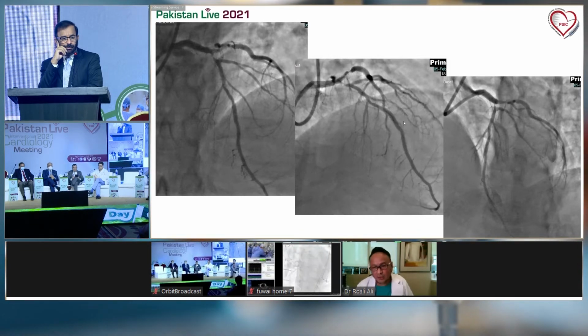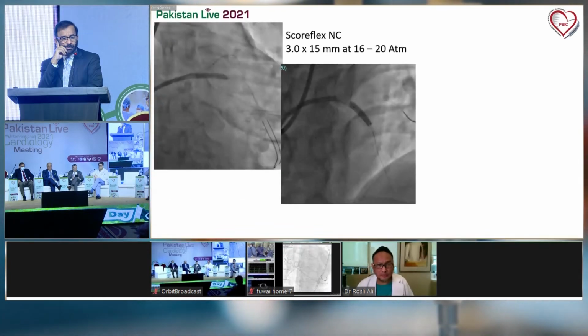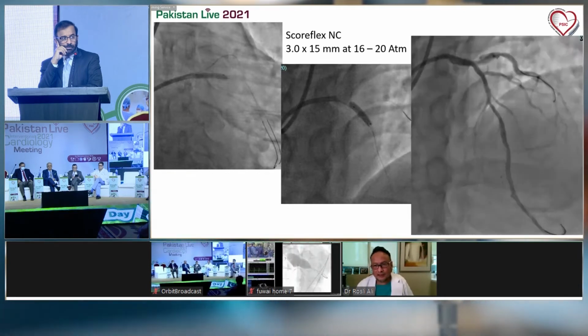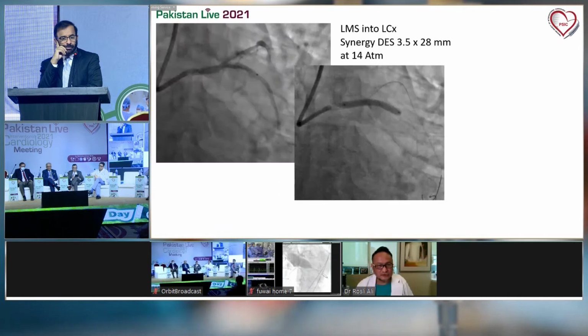It's probably eccentric, so I left it behind and did not stent it. So that was the initial objective. With the scoring balloon to the circumflex and also to the LAD, that was the result after scoring balloon dilatation.